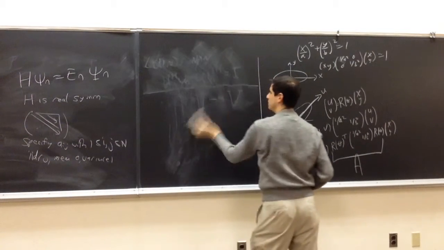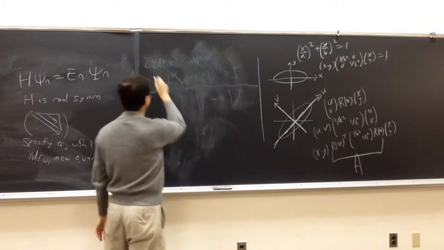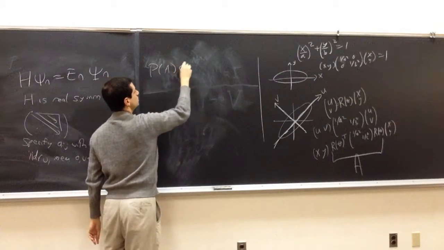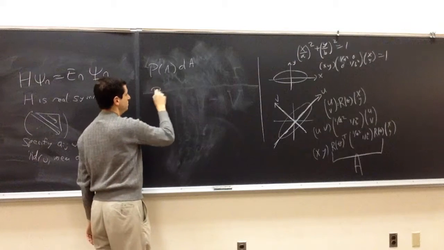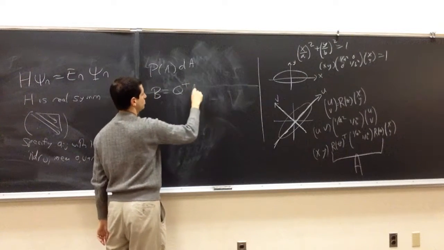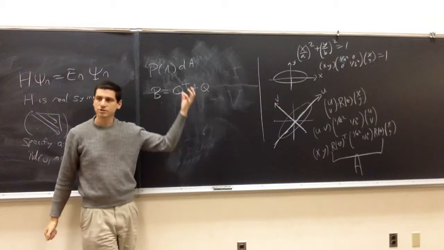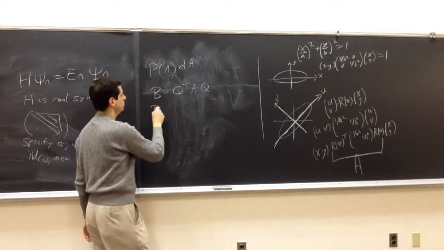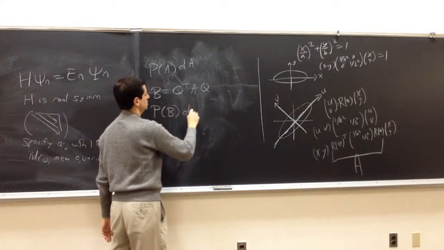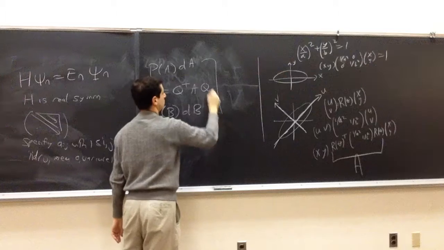When we're trying to think about what's going on, I want to have some probability of a matrix. I could also look at B equals Q transpose A Q, where I rotate the coordinate system and change the basis. I would want these probabilities to be equal.